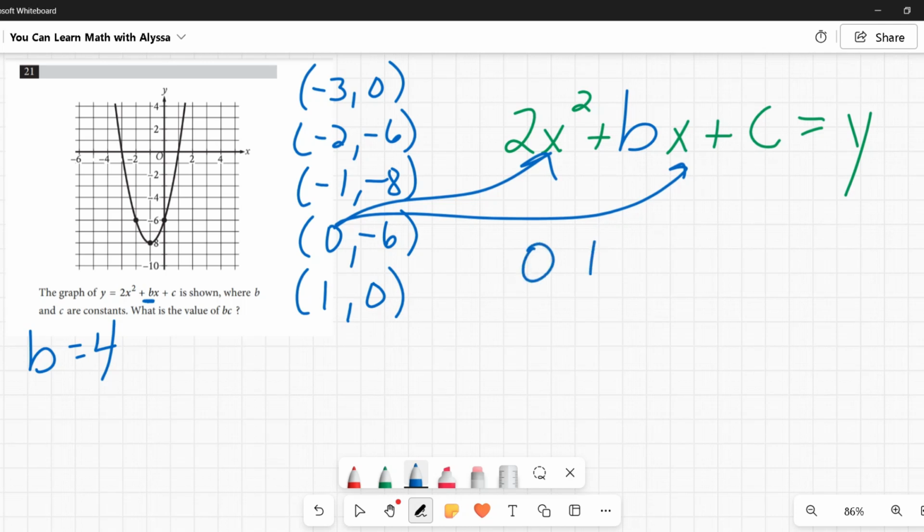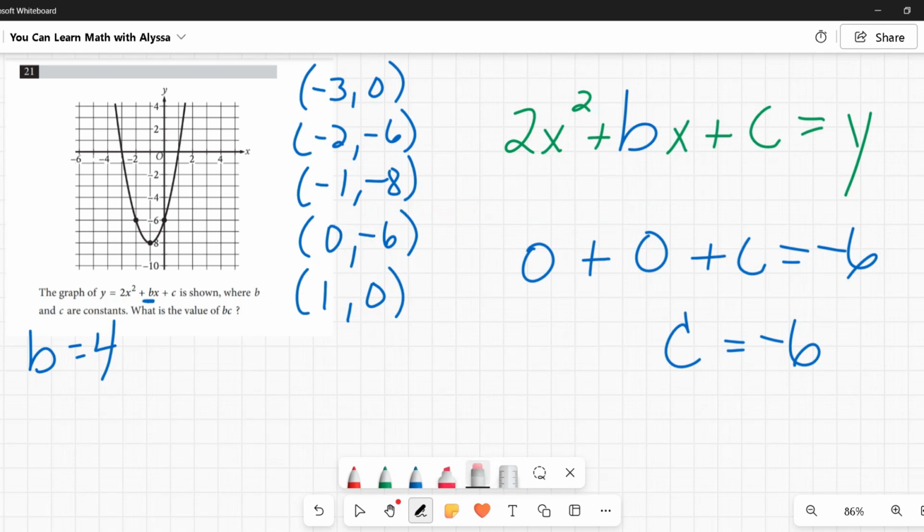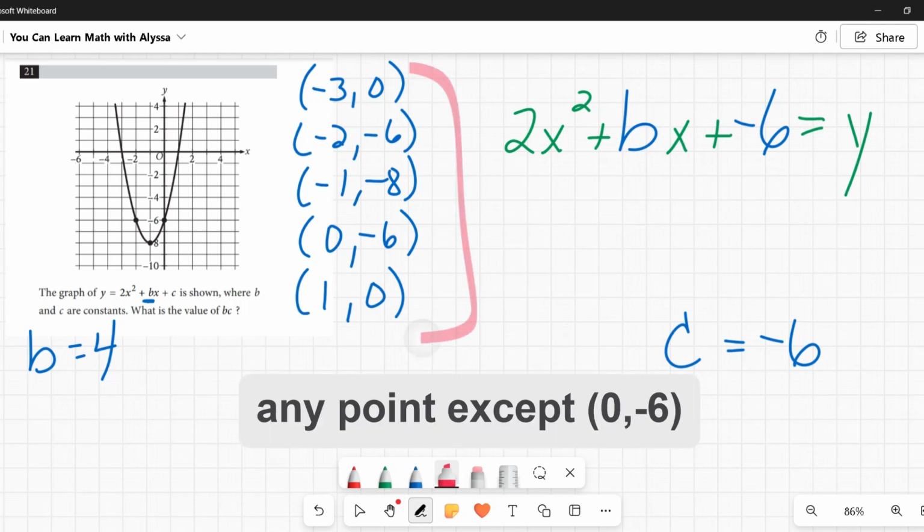So I still would get that same equation of 0 plus 0, regardless of what b is, plus c equals -6, and I would get that my c is equal to -6. And then once you have that information, -6, you can solve for b using one of these points.